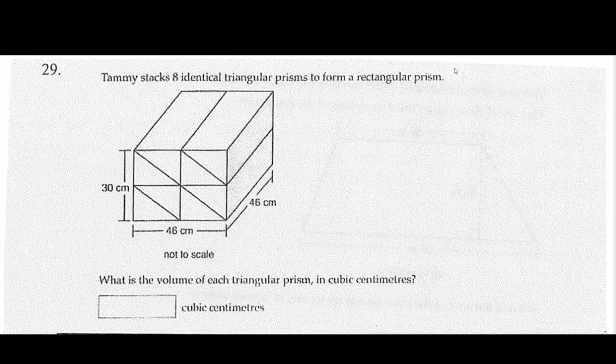All right, so we've got the volume of the whole rectangular prism is length times width times height. So the volume is going to be 30 times 46 times 46.